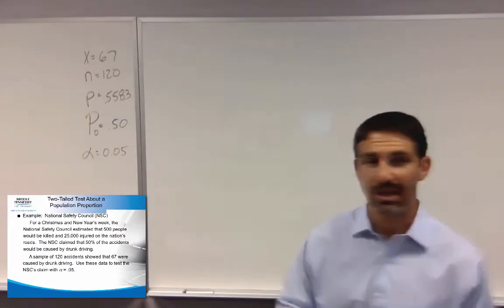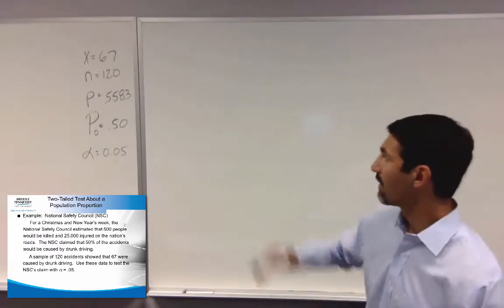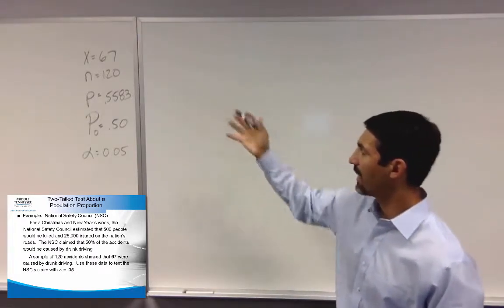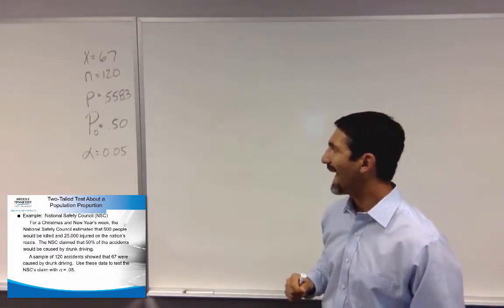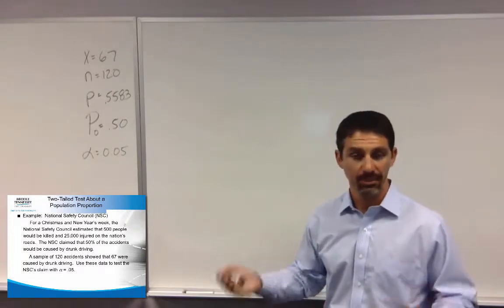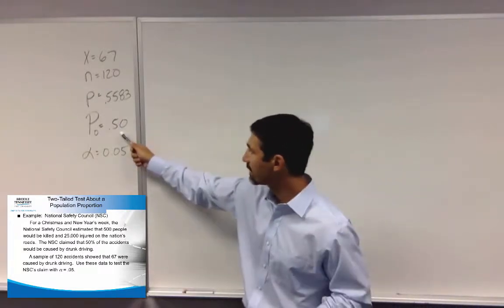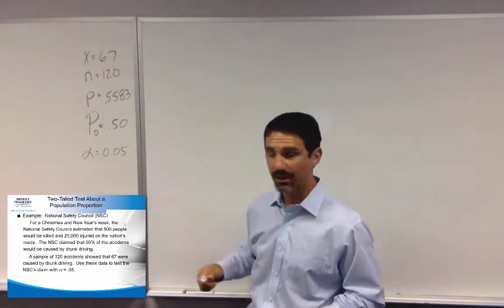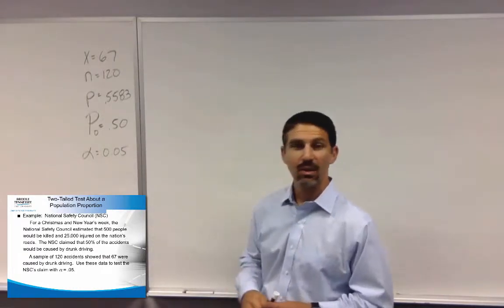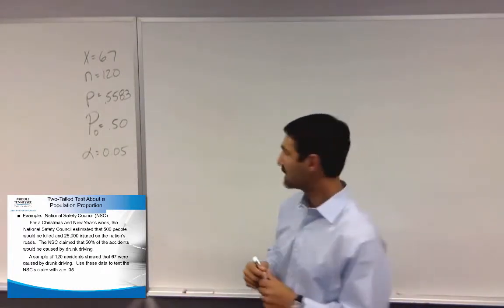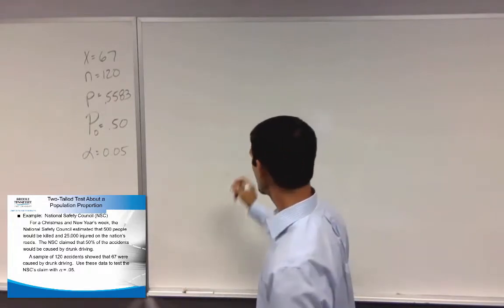So taking that information, let's look at it up here. We've already got the information up that we have. 55.83% would be our sample proportion. Our population proportion, which is represented as p sub 0, is 50%. We're going to say our significance level, again, is 0.05, and this is what that would look like.